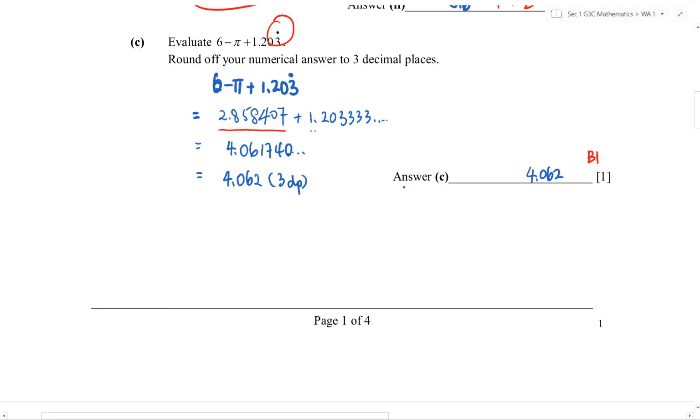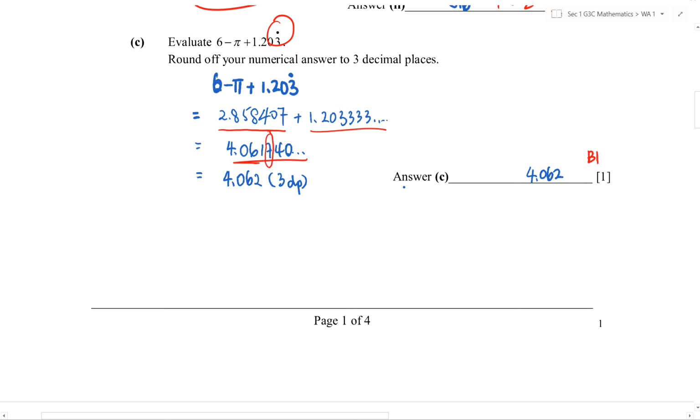Now the next one, 1.20333. Have more decimal places. It's okay. Subsequently, when you add them up, you get approximately 4.061740. Now we see that we have many decimal places, and we only want to round off to 3 decimal places. So we only need to look at the fourth one. 1, 2, 3, 4.